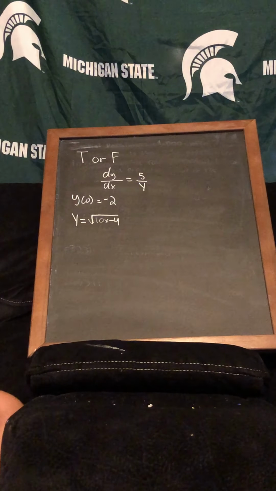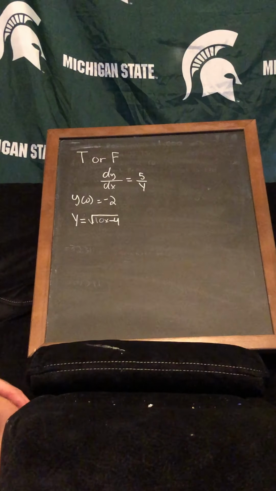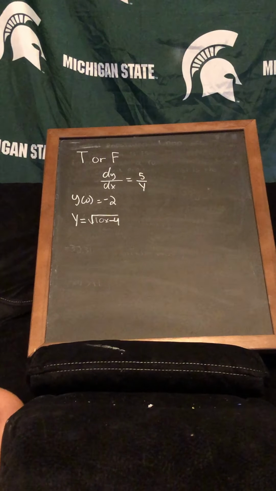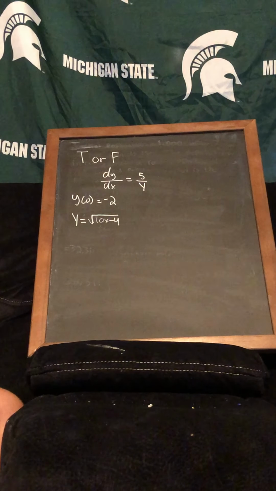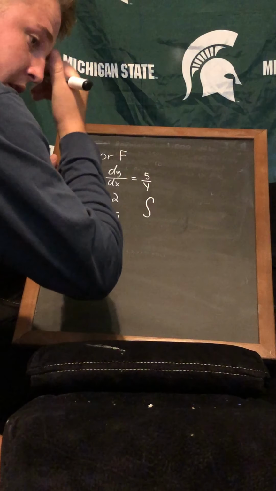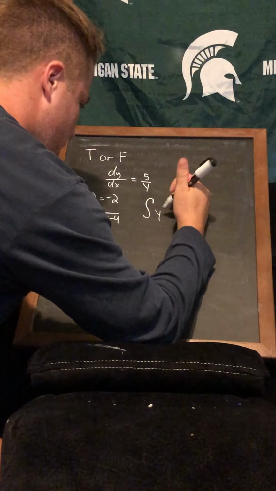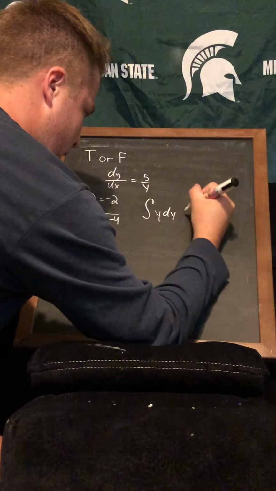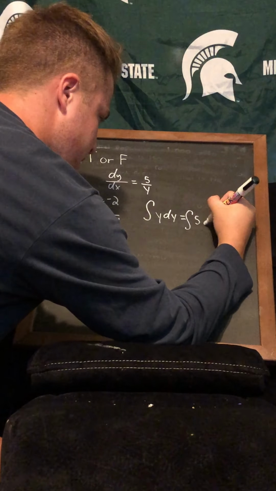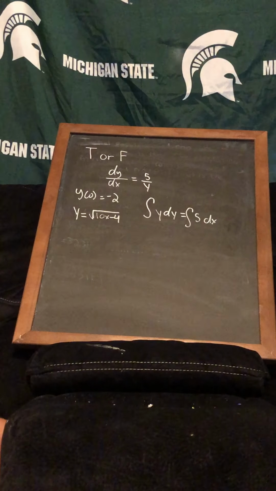Okay, so the first step here is you just want to take the integral of both sides. So what you're going to end up doing is you will have the integral of y dy equals the integral of 5 dx.